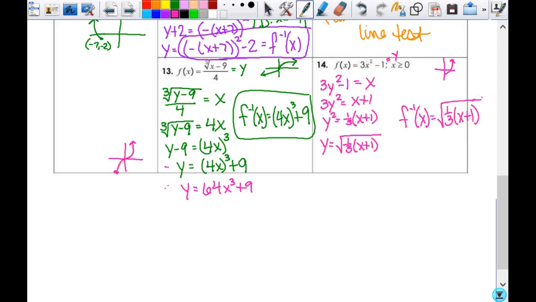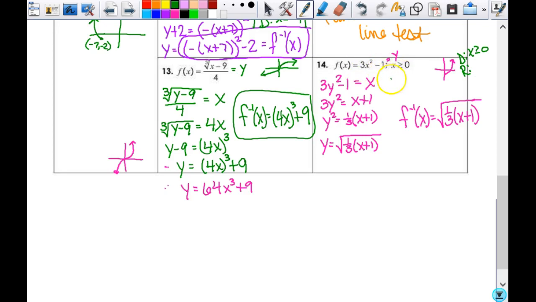So now, do I have any domain restrictions? Yes. Let's go back and look at our original one here. My domain of the original one is this. I already knew that. x is greater than or equal to 0, right? What's the range? Because look what this did. This stretched it, right?